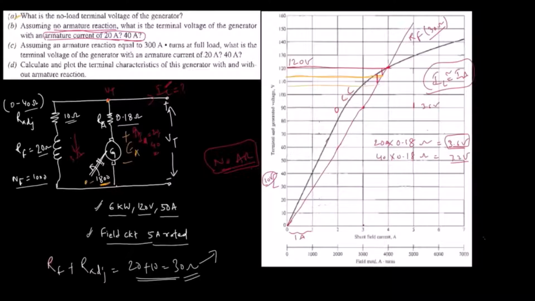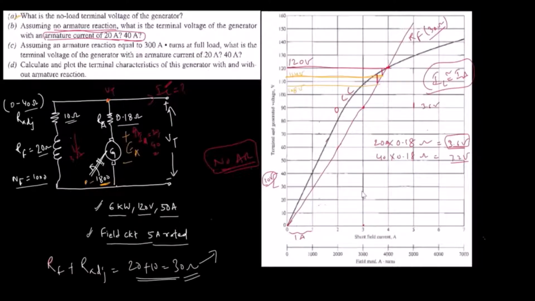Suppose this is 113 or 112 or 114 volts at 20 amps loading, and this is somewhere around 108 volts at 40 amps loading.